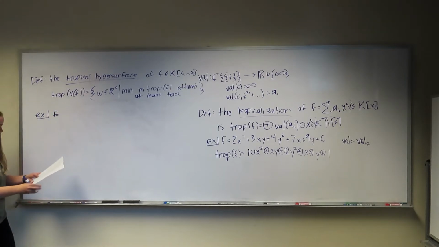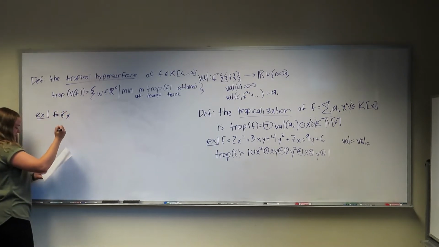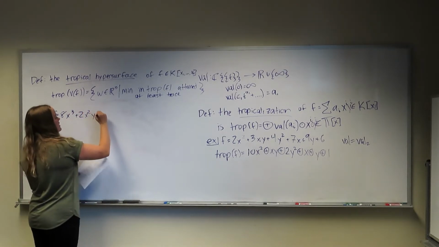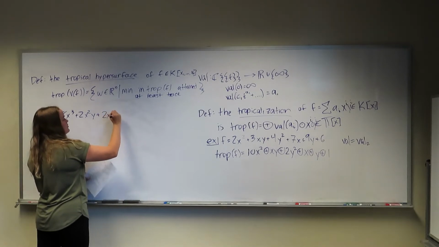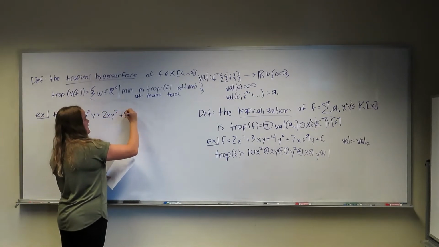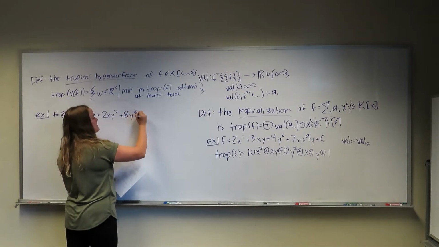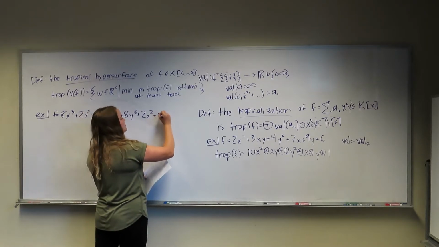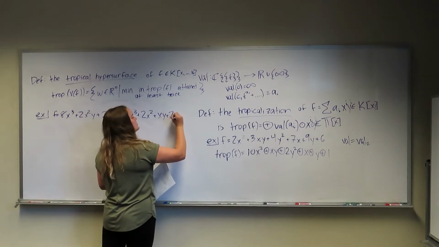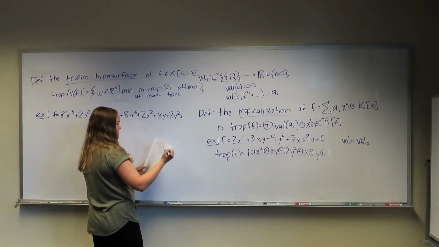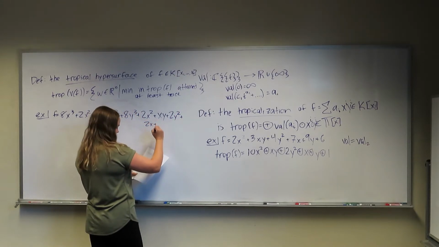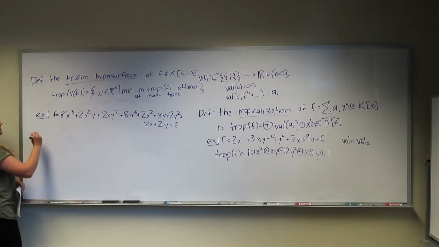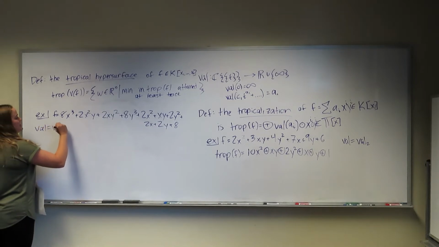F is kind of long, but it's cool, so bear with me. 8x cubed plus 2x squared y plus 2xy squared plus 8y cubed plus 2x squared plus xy plus 2y squared plus 2x plus 2y plus 8. You can take the tropicalization of this. We're going to let the valuation be the p-adic valuation.